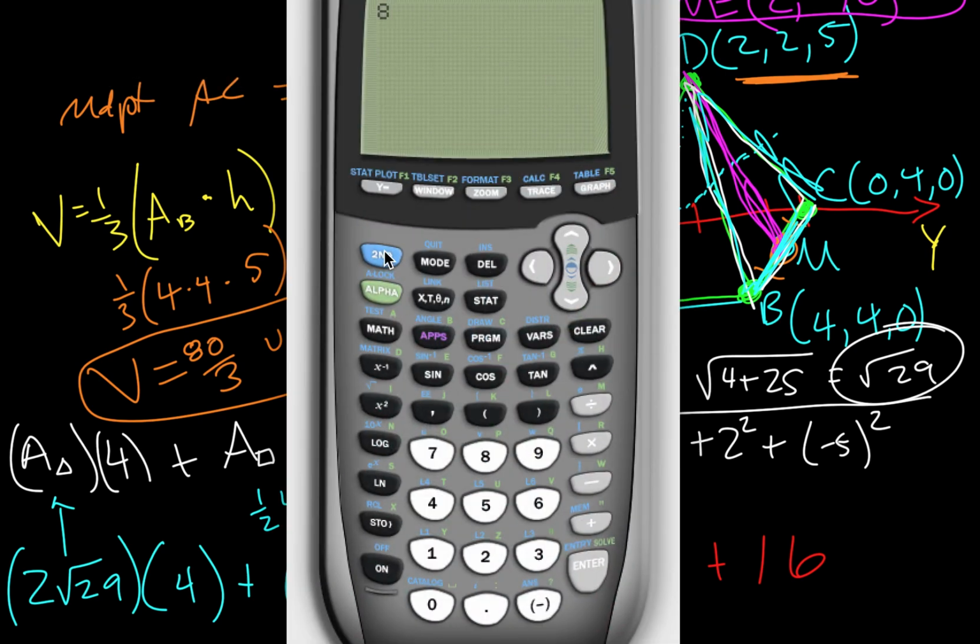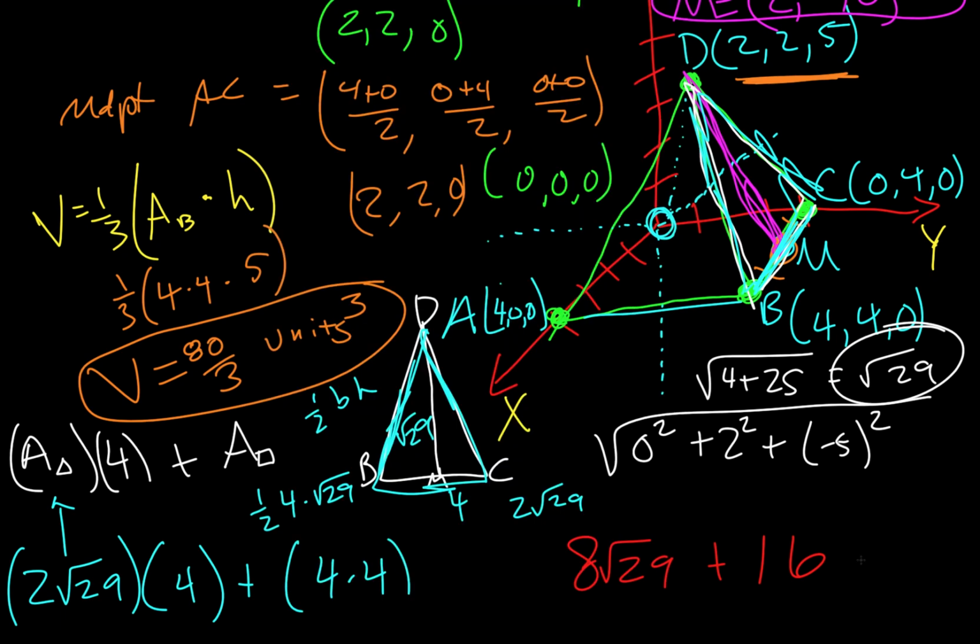So I'm going to say 8 second square root 29 plus 16. We end up with 59.1. And it would be units squared. So that is the surface area of the pyramid.